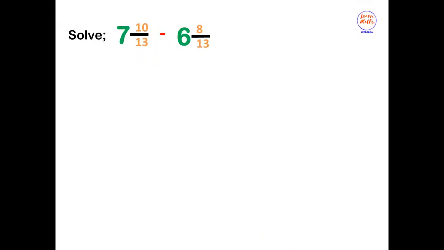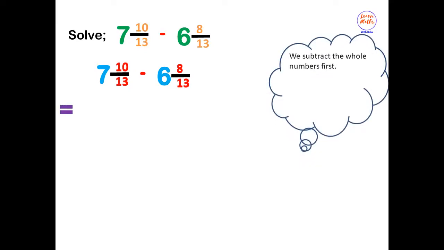Example for like fractions. 7 minus 6 on one side. So I'm going to have 7 minus 6.